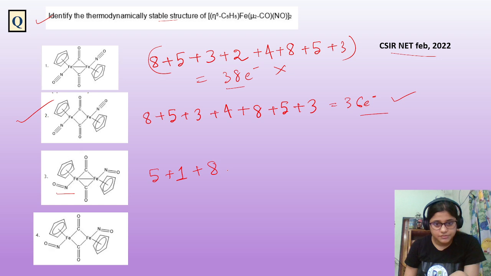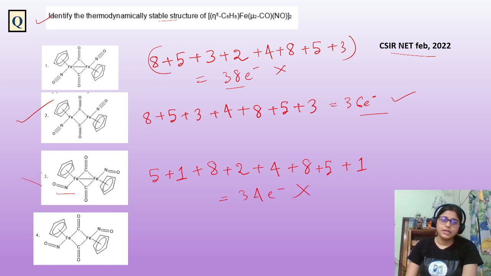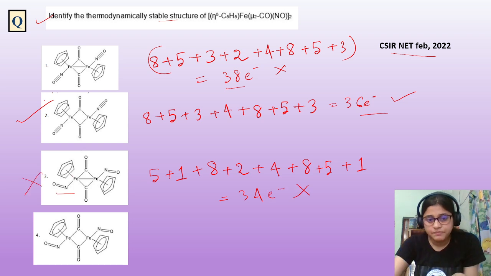And Fe is 8, 1 metal bond 2, 2 carbonyls 4, and again 8 for Fe, 5 for Cp, and 1 for bent NO. It will be 10, 18, 34 will be there. Okay, so it is also not following. See, 2 will be the correct option, we got that already.